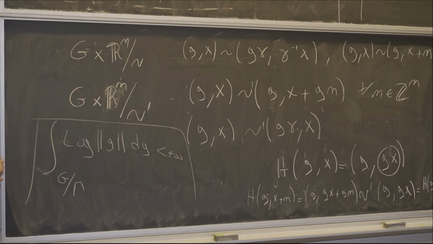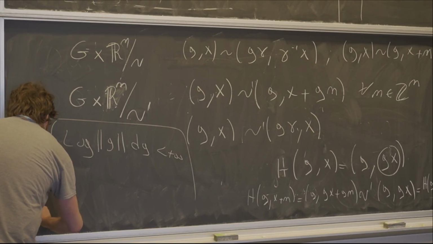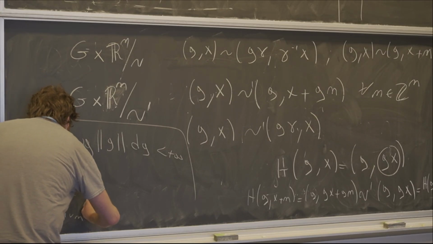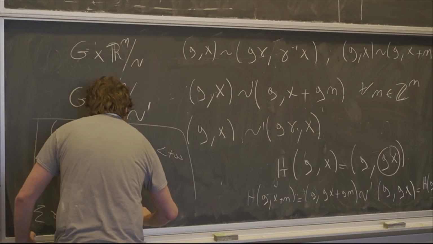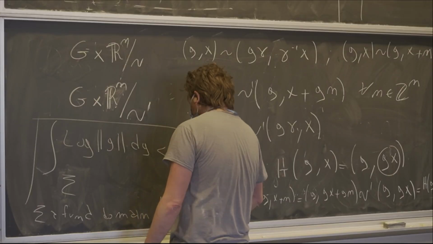Now, the way I wrote it is not even very well defined, because what is the norm of G on G mod gamma? There is no well-defined norm of G for G mod gamma, but what is well defined is that you take sigma, the fundamental domain for G mod gamma.